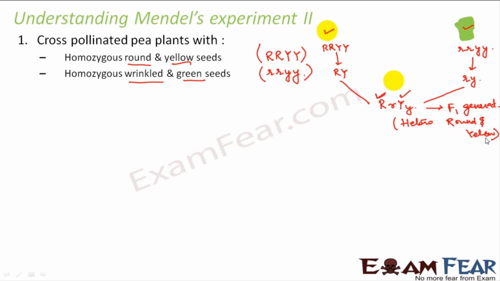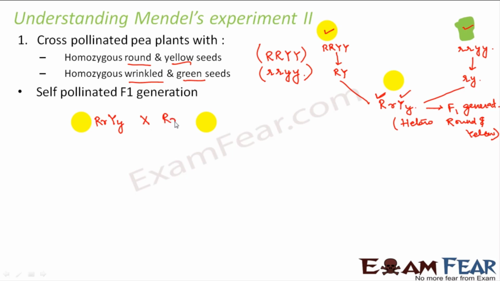Here also, in a similar way, what did he do next? He self-pollinated the F1 generation, like he did in his first experiment. Self-pollination of capital R, small r, capital Y, small y, capital R, small r, capital Y, small y. Right?